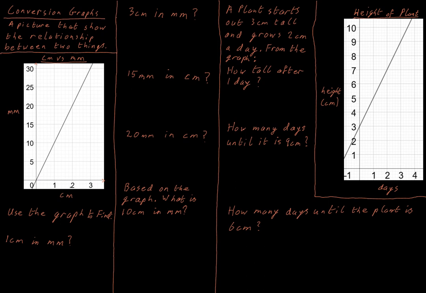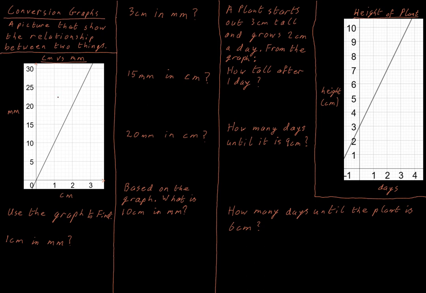So we have 1 centimeter, 2 centimeter, 3 centimeter, and here we are going up in millimeters. I have millimeters written here, centimeters written here. So I've clearly labeled the title and what each axis means, what each one of my measurements means in both the up and down and the side to side direction. So that's really important for our long-term work with graphs, with these types of pictures.